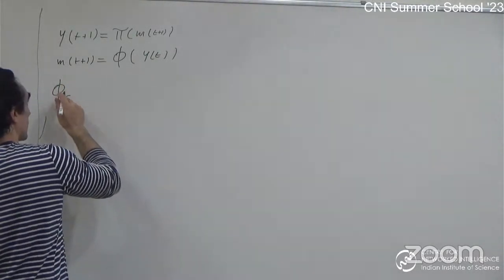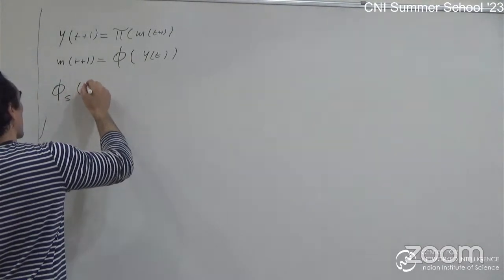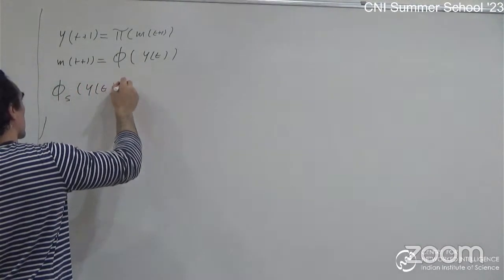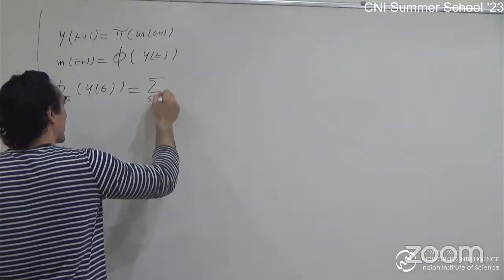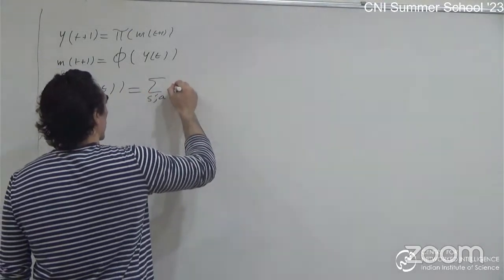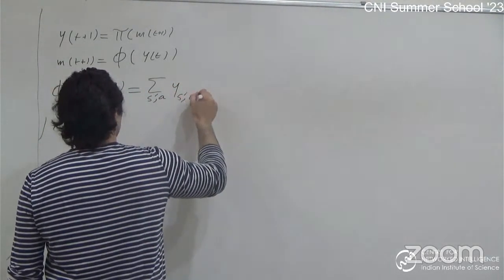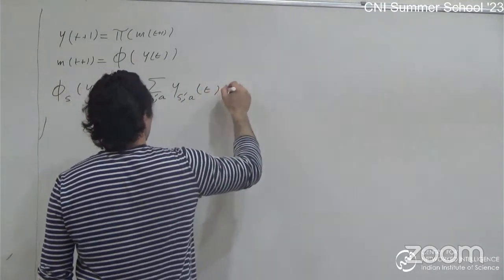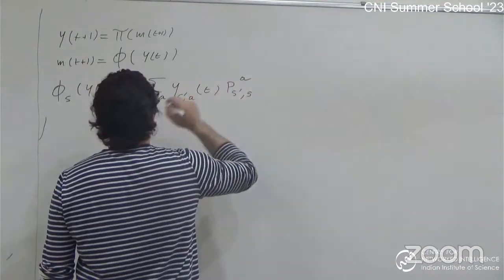So if you take p as a vector, right? And if you take p of s of y of t, it's equal to the summation over s prime and a of y of s prime, a of t, times the probability to go to s prime, s in a, right?